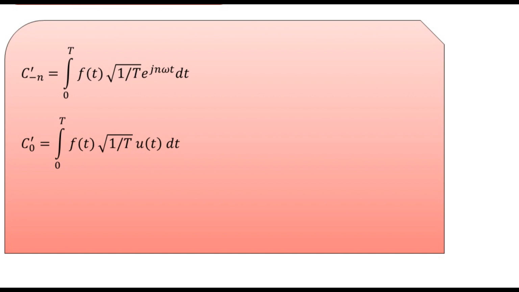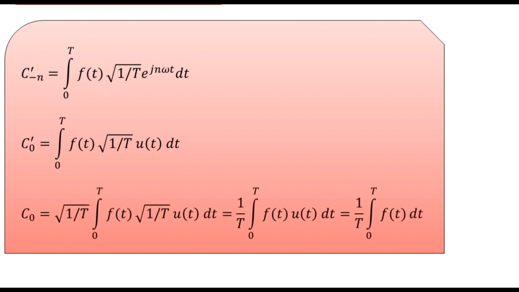Therefore c suffix 0 will be equal to square root of 1 by capital T first of all, further multiplied by the integral 0 to capital T of f of t into square root of 1 upon capital T, u of t dt, that we can represent as 1 upon capital T, integral of f of t into u of t dt. Finally, representing it as 1 upon capital T, integral 0 to capital T of f of t dt here.